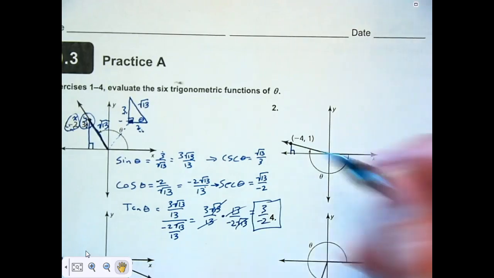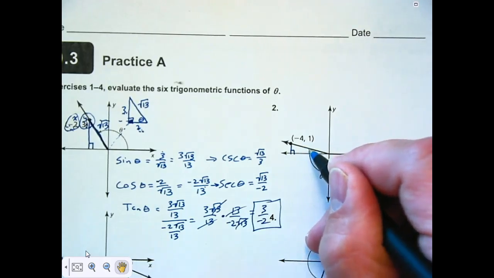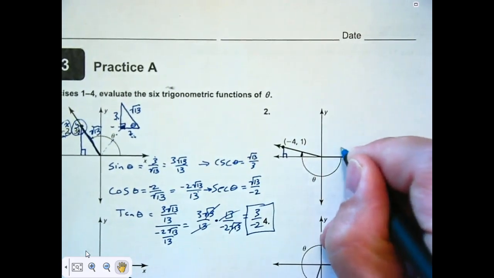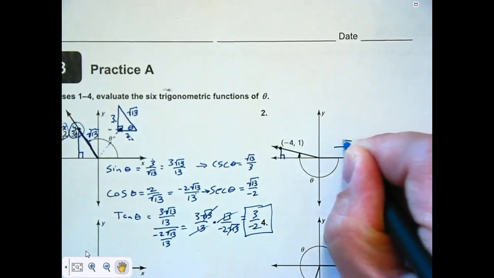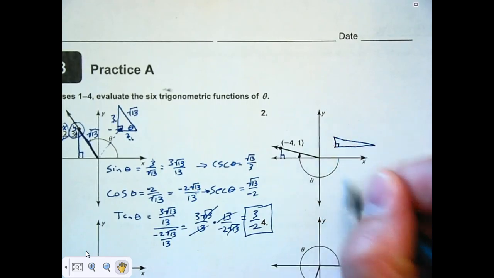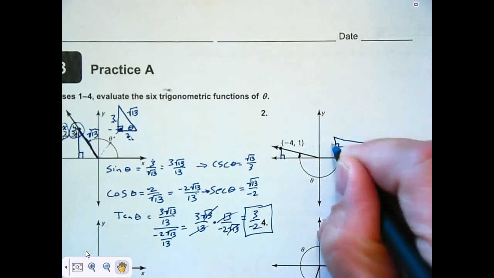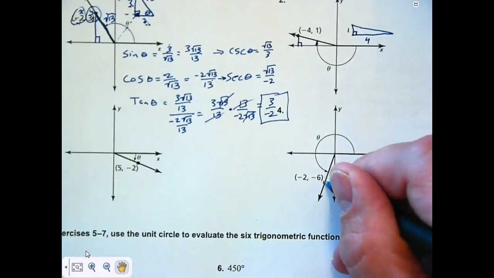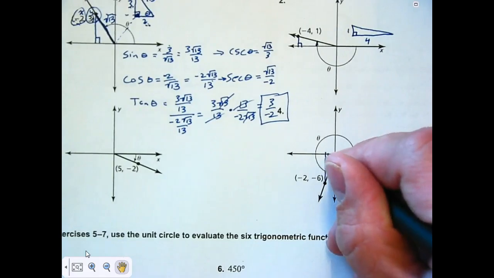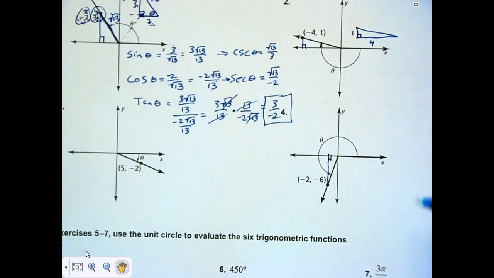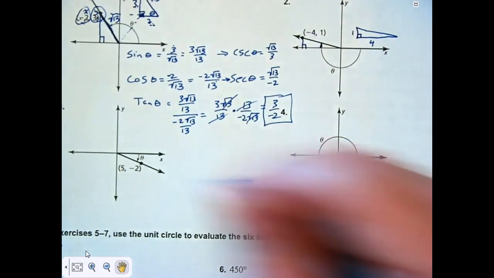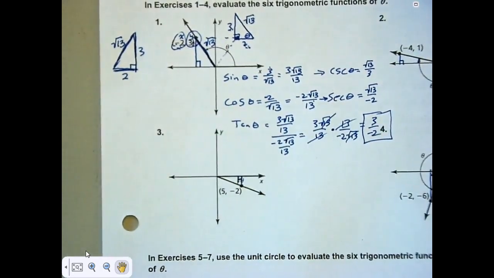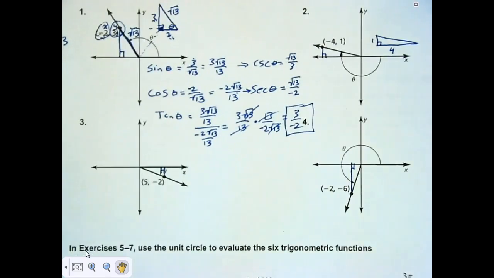You always look at the reference angle. This is your reference angle. Okay, so your triangle in this problem is that. Always go to the horizontal line. Yep. Always to the horizontal line. Okay? Hopefully that clarifies a little on that.